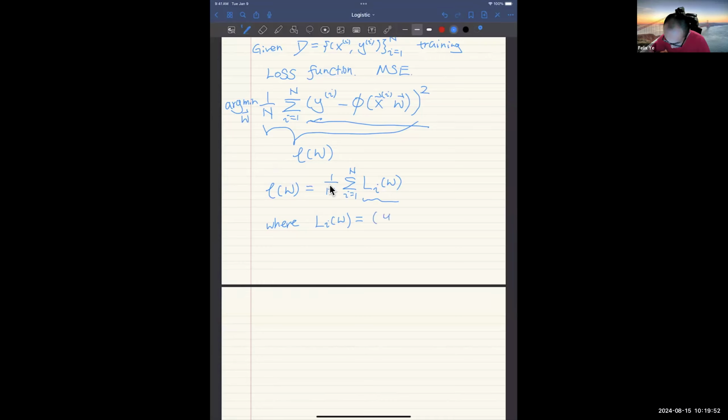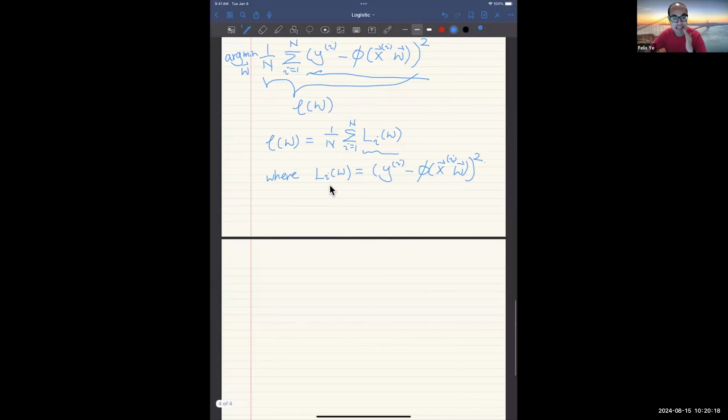So this is the square. If we only get the i-th data entry x_i and y_i, then we calculate the square error between the prediction and the ground truth. But I want to emphasize something here. We only work with 0s and 1s, so the output of this is 0 or 1, and this is also 0 or 1.